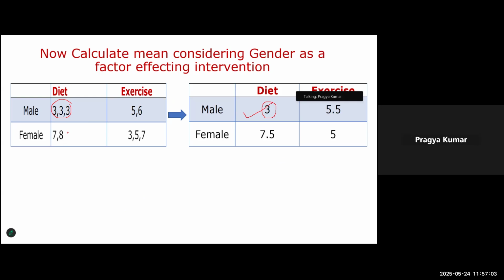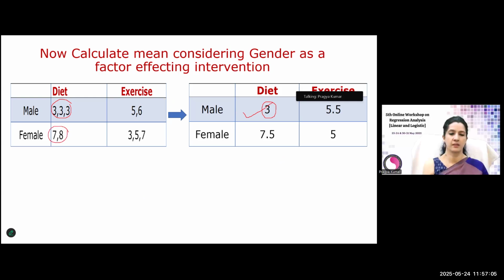And the mean of 7 and 8, weight loss only in female, in the diet group, will be 7.5. Similarly, the mean weight loss in the exercise group in male will be 5.5. Do you agree? And the mean weight loss in female in the exercise group will be 5. If you add 7 plus 5 plus 3, it will be 15 divided by 3.